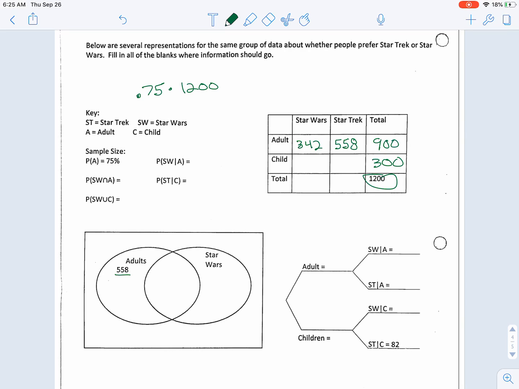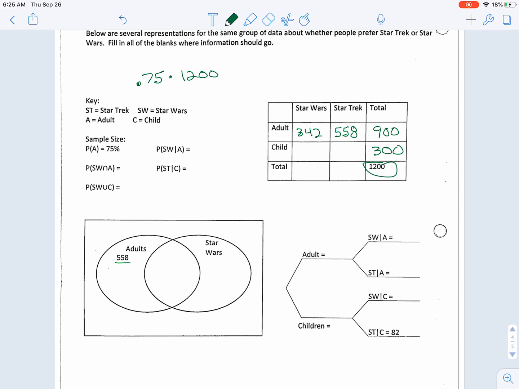Then let's go about getting the rest of our information here. So what do we know? Ooh, this gets tricky, guys. I'm told another number down here. Remember, this means given that it's a child, how many of them like Star Trek?